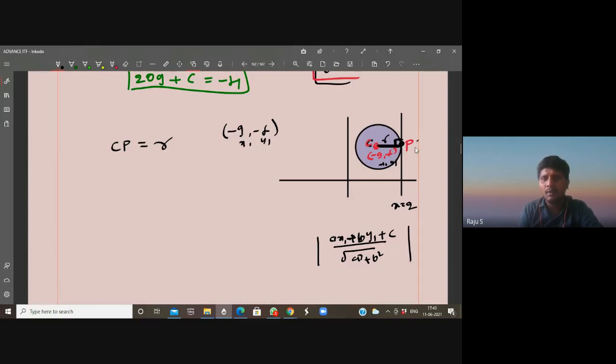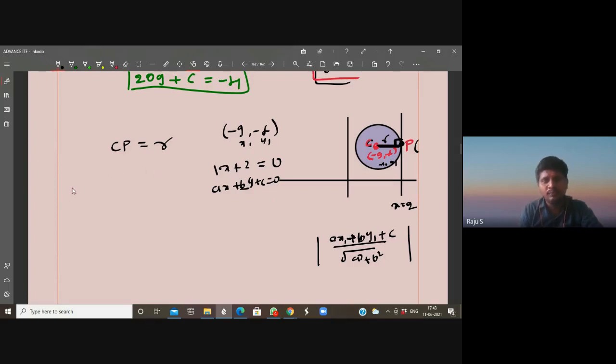What about the line equation here? x is equal to 2, that is nothing but x plus 2 equal to 0. You have to compare with ax plus by plus c is equal to 0. Here a value is 1, b value is 0, there is no y.